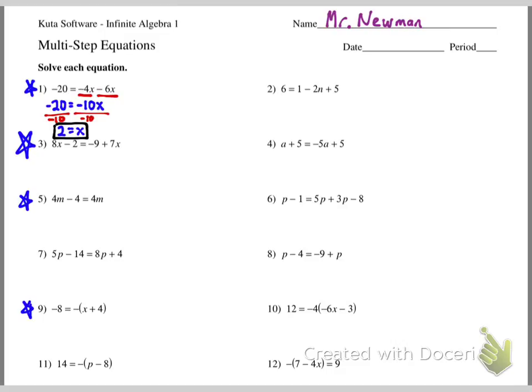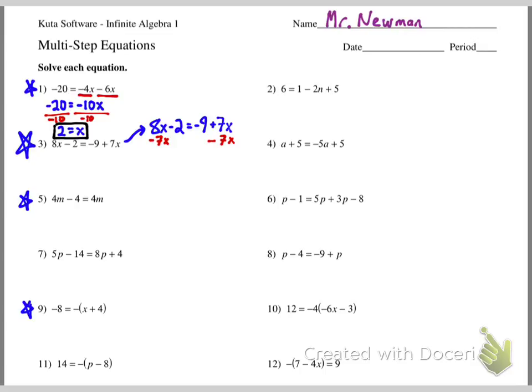For number 3, the first thing we need to do is get all the x's to one side. I'm just going to write that over here so I have a little more space. In order to do this, I'm going to subtract 7x from both sides. You could subtract 8x from both sides and also get the answer that way.